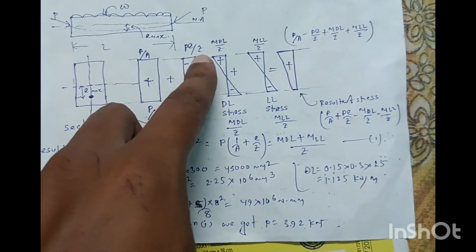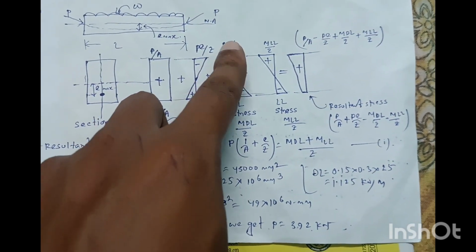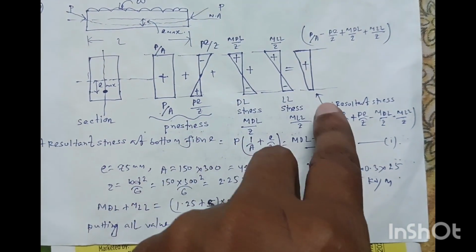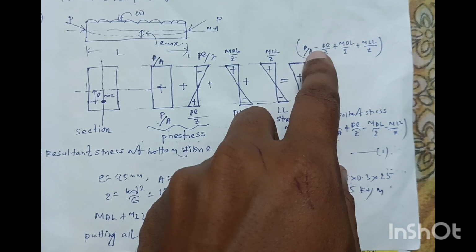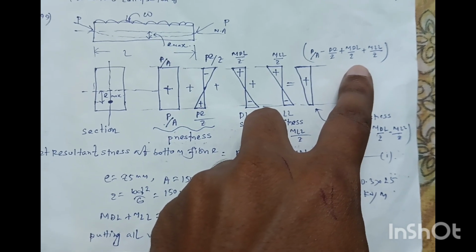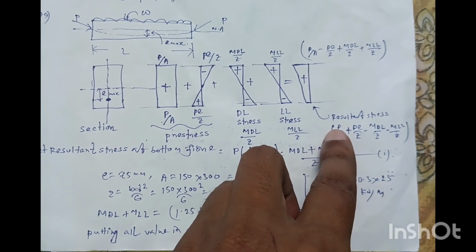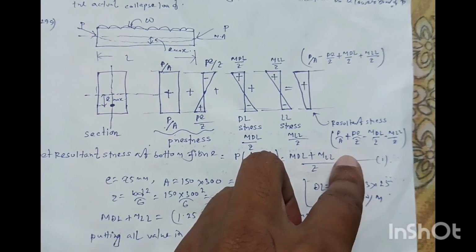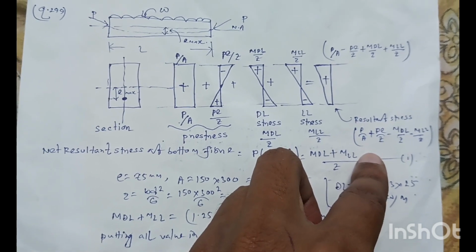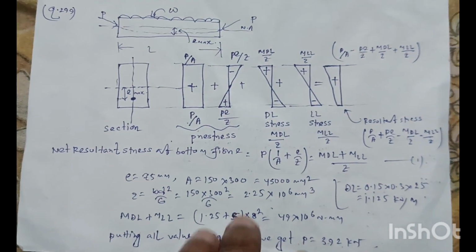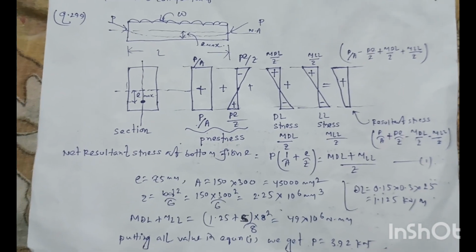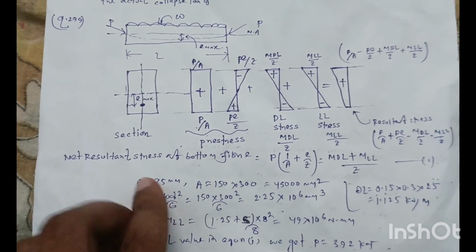and section modulus Z and moment under dead load and moment under live load, the net resultant stress at top fiber will be P by A minus PE by Z plus MDL by Z plus MLL by Z, and resultant stress at bottom fiber will be P by A plus PE by Z minus MDL by Z minus MLL by Z. MDL and MLL are the bending moments of dead load and live load of the beam respectively.